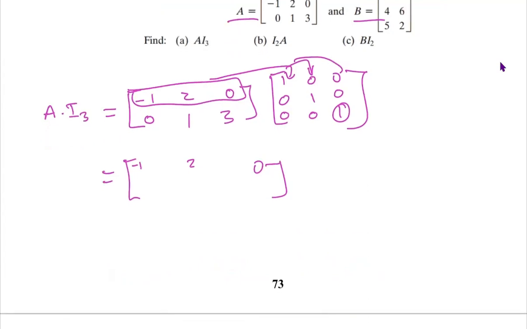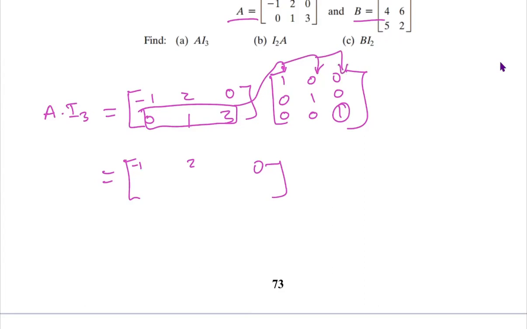And then we continue with the second row of the matrix A. We're going to multiply it by the first, second, and third columns of I3. So that's 0 times 1, plus 1 times 0, plus 3 times 0, that's 0. Let's go ahead with the second column.